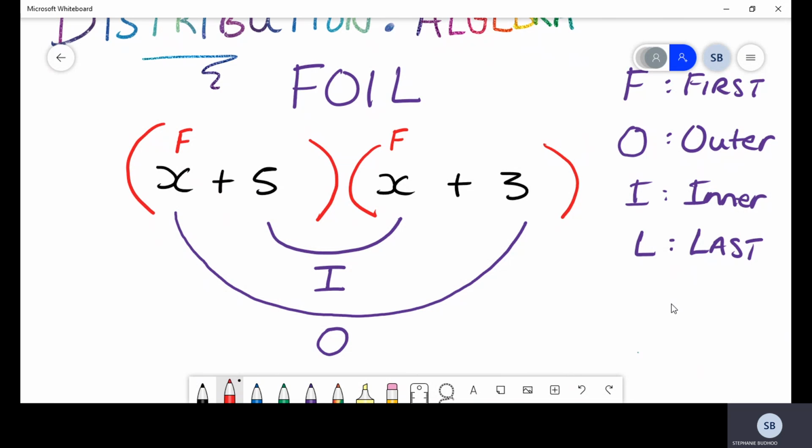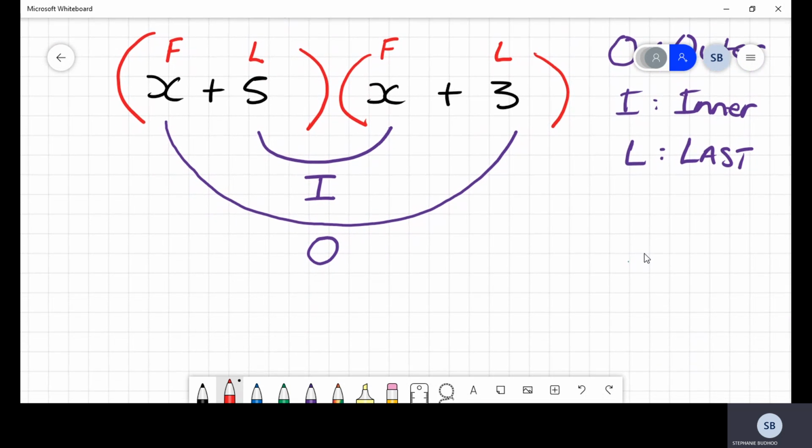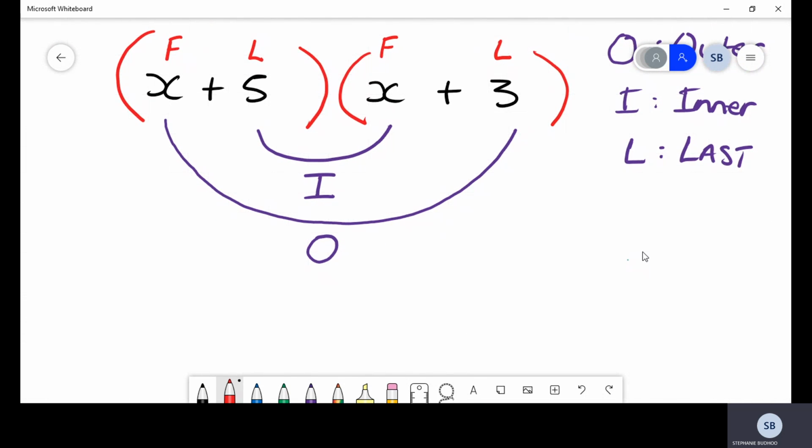And similarly, by extension, your last terms would be the last term of each bracket. This FOIL method teaches you the order in which you are to distribute or multiply. So let's try our best to attempt multiplying this question using FOIL.